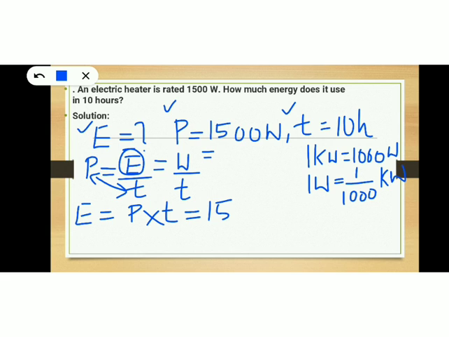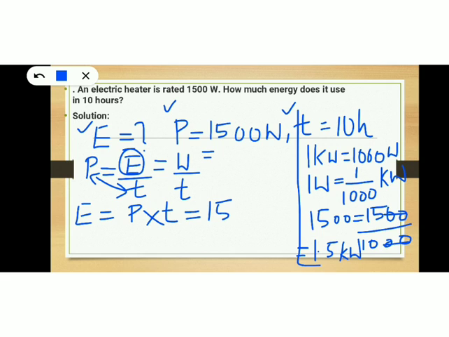So here 1500 watt will be equal to 1500 by 1000. How much? It will be equal to 1.5 kilowatt. So in kilowatt it will be 1.5 kilowatt.